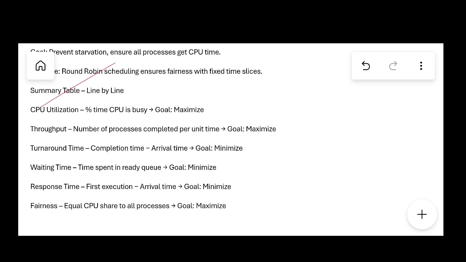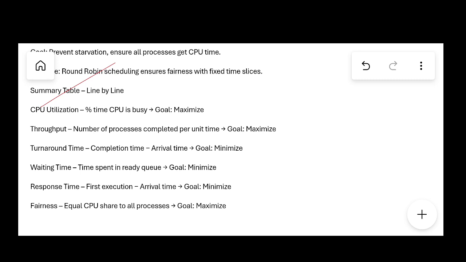So here is the summary table. The parameter is CPU utilization, and the goal is to maximize. Keep the CPU busy, but don't ignore waiting and response. Then throughput: the goal is to maximize.